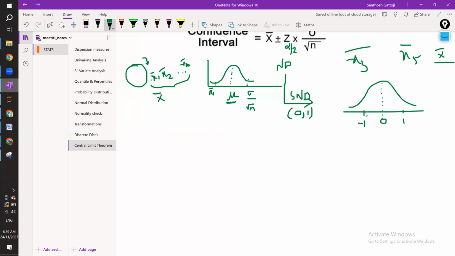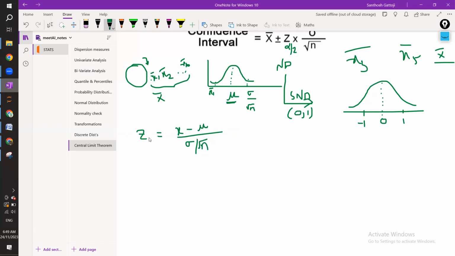Now, if you want to convert these into a standard normal distribution, obviously you need to calculate certain values. You can convert this distribution into a standard normal distribution with the help of the z value. Remember, z equals x minus mu by sigma, where sigma here will be sigma by square root of n.